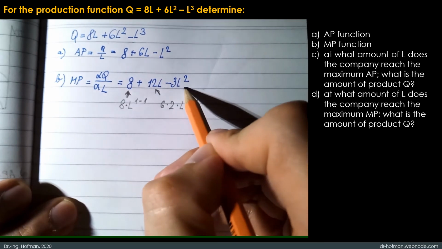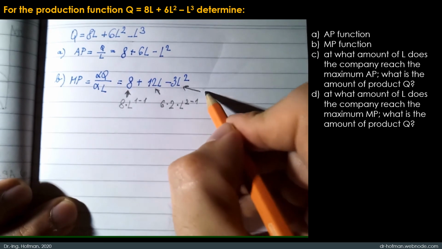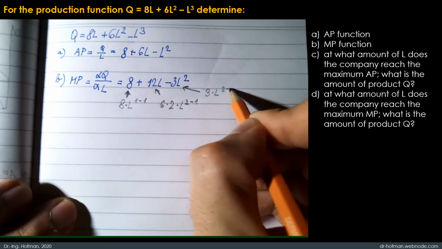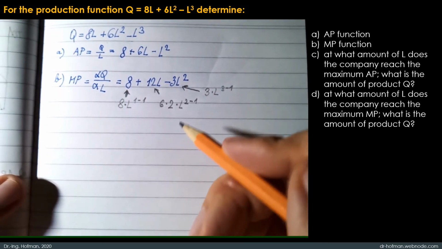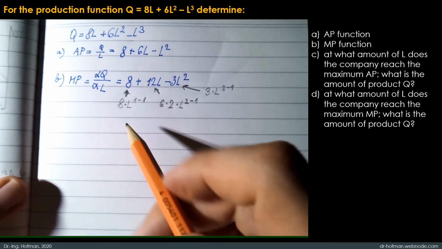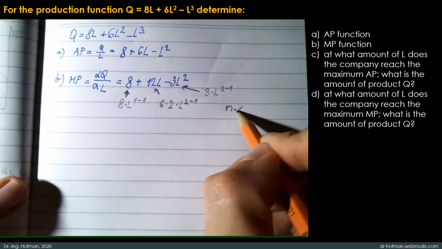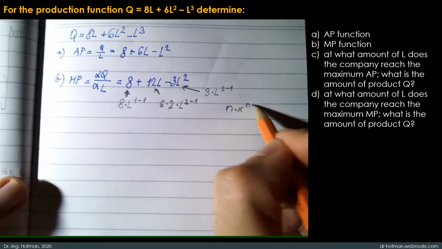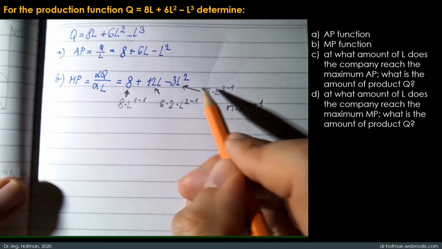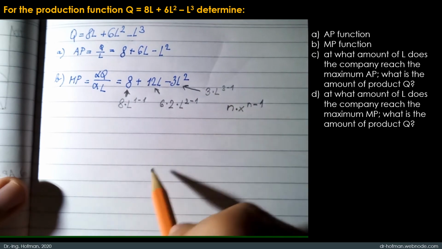And 12L is the same as 6 times 2 times L to the 2 minus 1, and minus 3L squared is like 3 times L to the 3 minus 1. You see, the rule is easy. I always take the exponent before, then I multiply by the base, and from the original exponent I subtract 1.